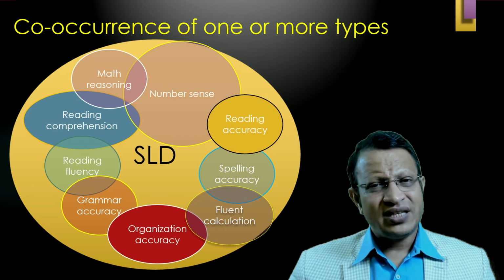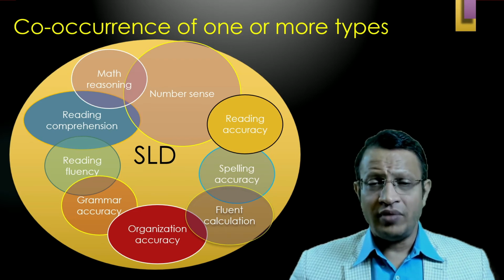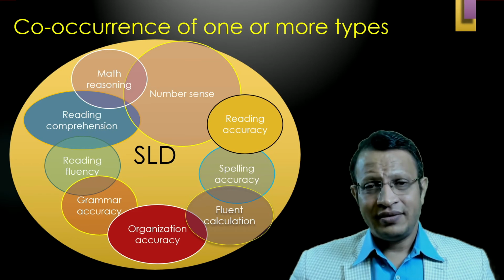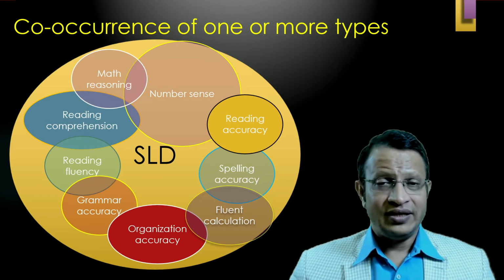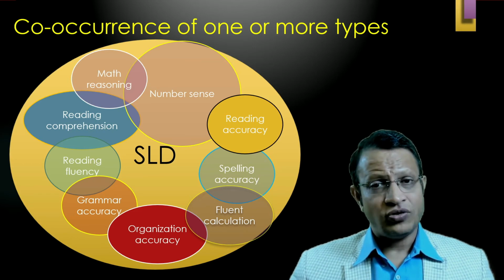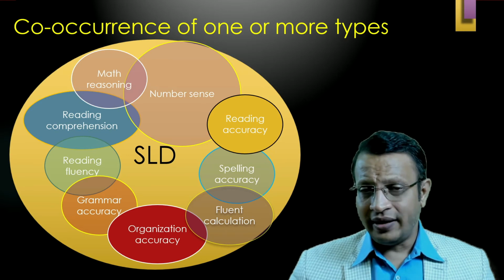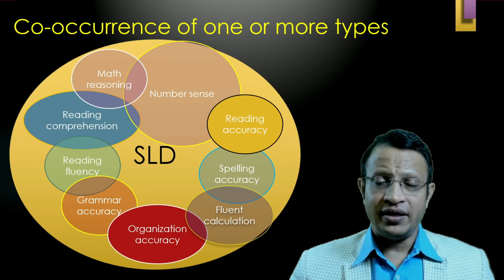That means the child may not have only one problem with regard to SLD. Here, the child will have a combination of the above symptoms. If you look at the diagnostic criteria, the child may not have just a reading problem. Because the child is unable to read, the writing will be affected.